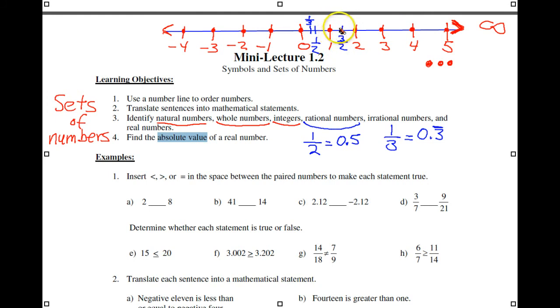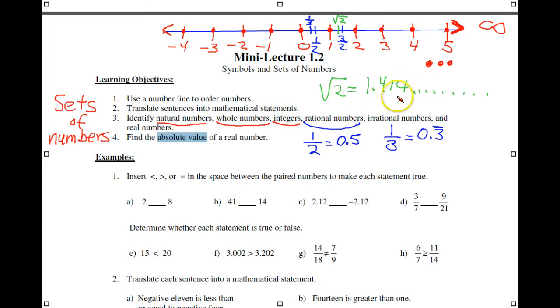For instance, right about here, and I'll change color again, let me use green. Right about there, there is a number called the square root of 2. Now, the square root of 2, if you evaluate that, is 1.414, and it continues to go on, not in a repeating pattern, and it doesn't terminate.